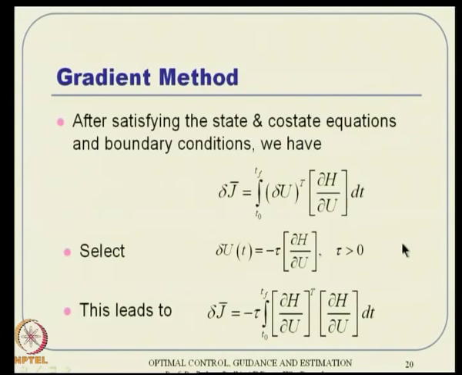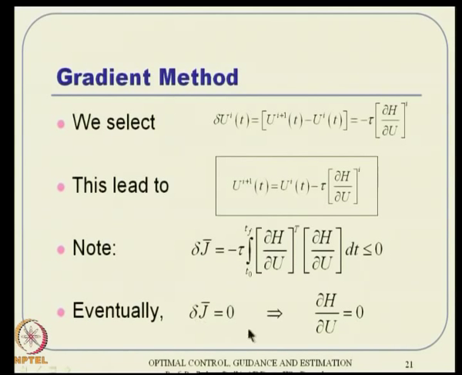Eventually, if the procedure operates, it will keep on decreasing and finally become 0, and when it becomes 0, del h by del u will also become 0, because this is a quadratic form. This can be 0 only when del h by del u equals 0. So if I operate the algorithm this way, del h by del u equal to 0 will also be satisfied at the end of the procedure.